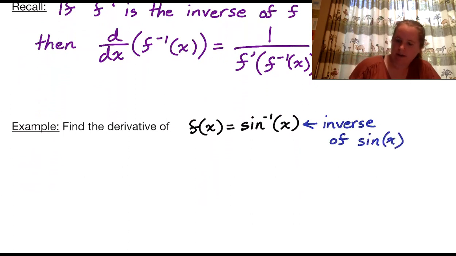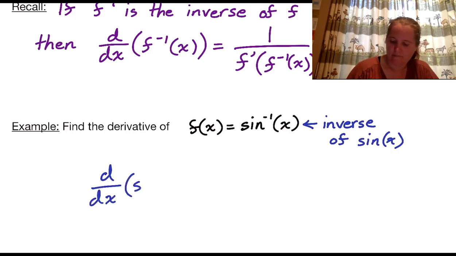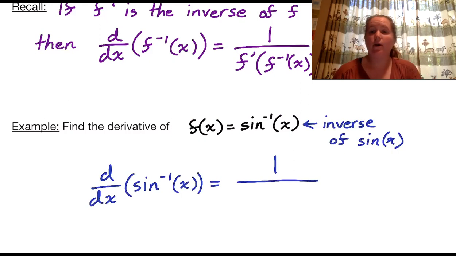And so finding f prime of x, or the derivative of sine inverse of x, that's equivalent to doing 1 over the derivative of sine evaluated at sine inverse of x.